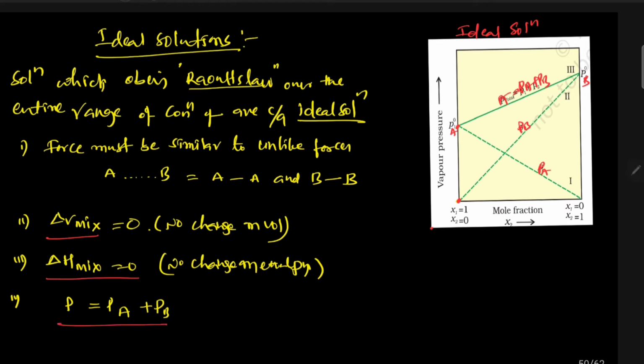The total pressure equals the sum of the partial pressures of components A and B. AB interaction equals AA and BB interaction. A perfect ideal solution is rare, but many solutions behave ideally, particularly dilute solutions.